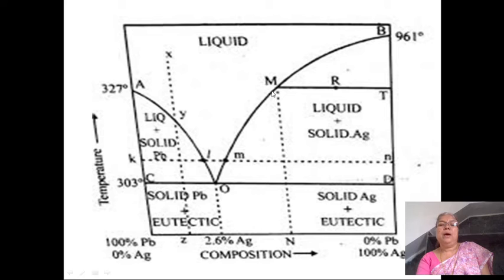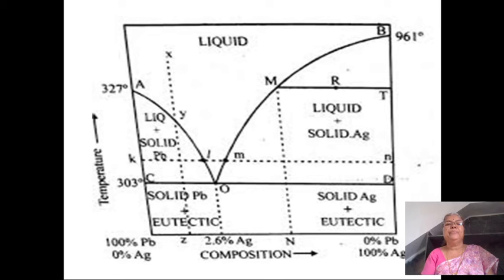Then again on further cooling, the percentage of silver goes on increasing, and at the eutectic point we have 2.4% silver.